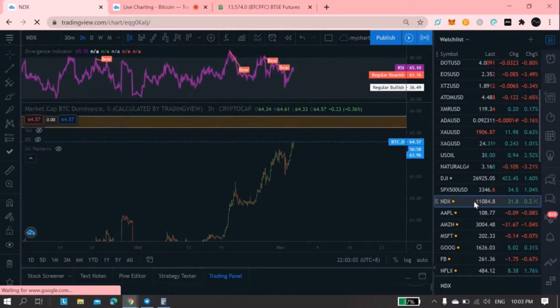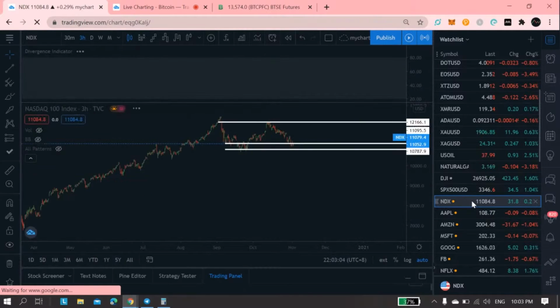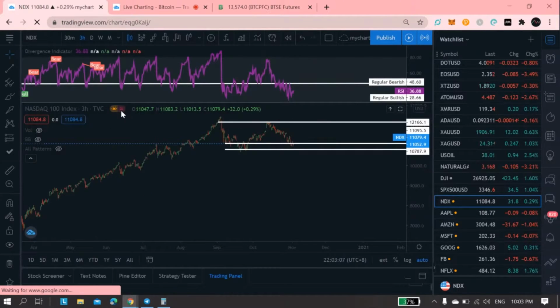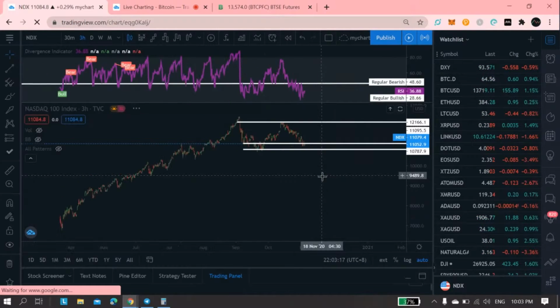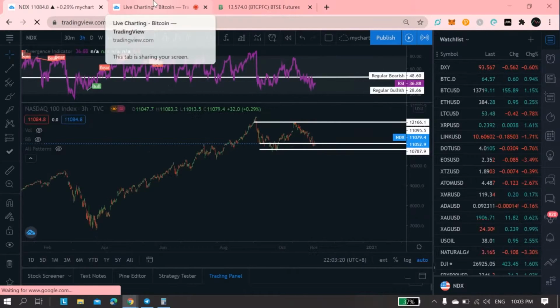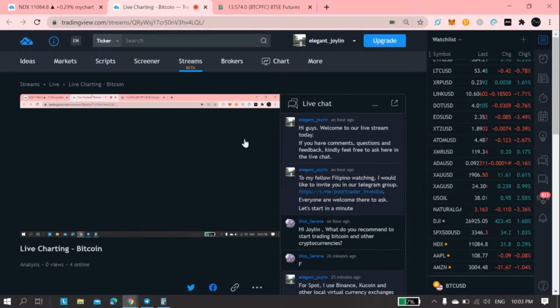Is it open? Yeah, it's already open. Pre-market. Yay, let's go to 13,800. Push it.